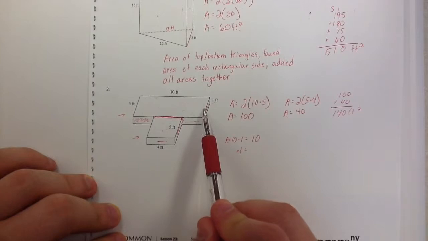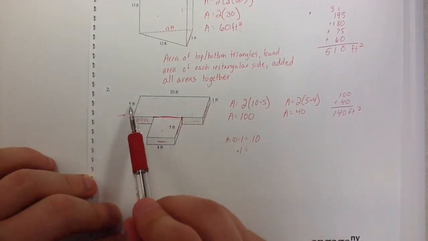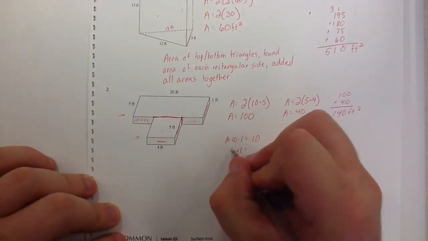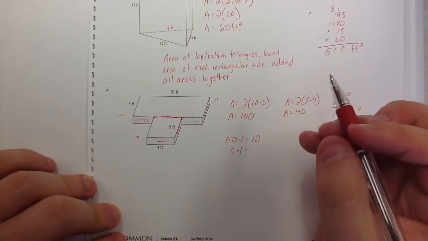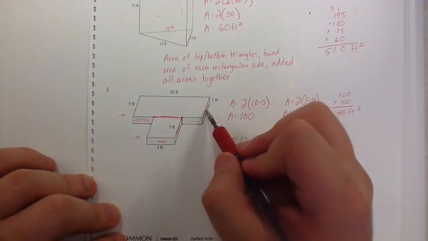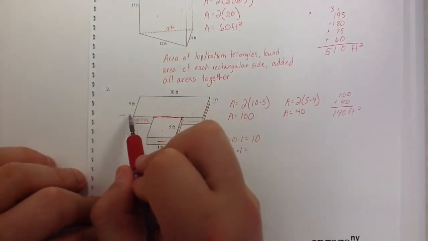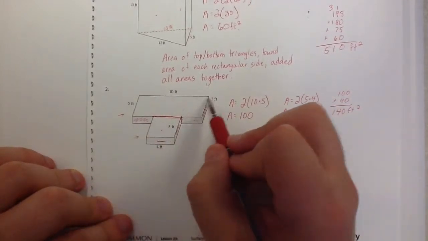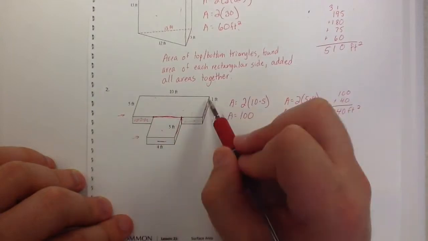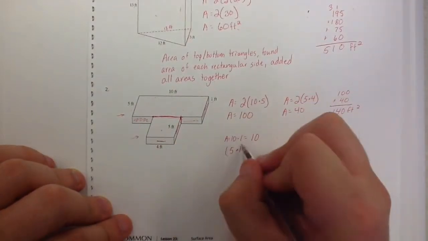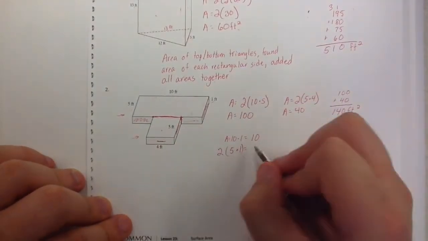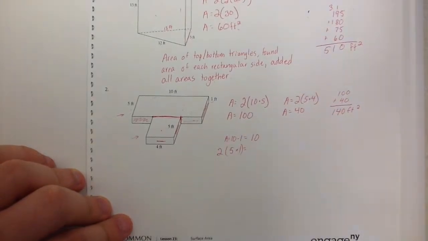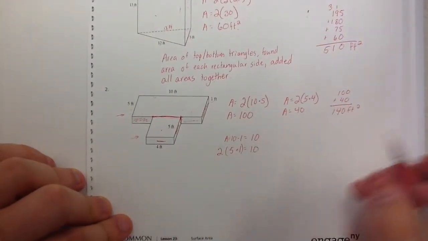It's not labeled here, but it is labeled over here, 5. And this side and the side that's behind here are going to be the same because it's a rectangle. So this is 5, this is 5, this is 1, this is 1. So we can put that in parentheses and say there's 2 of those. 1 times 5 is 5, times 2 is 10 there.